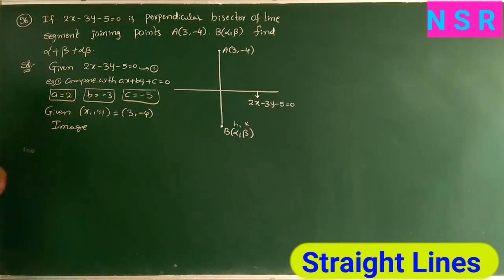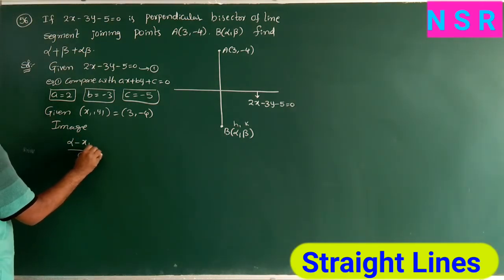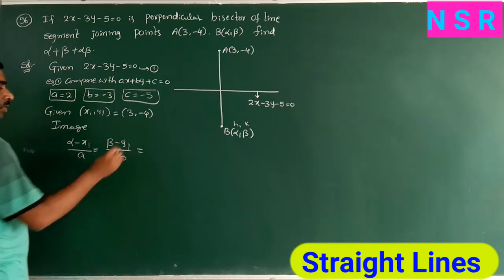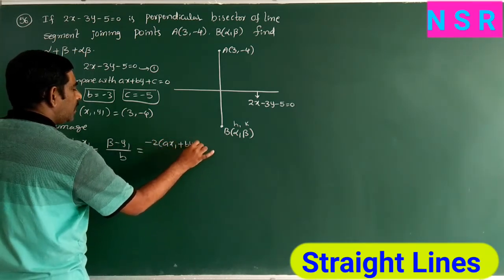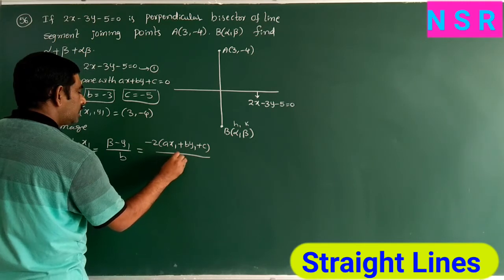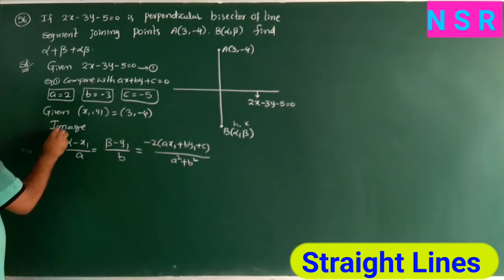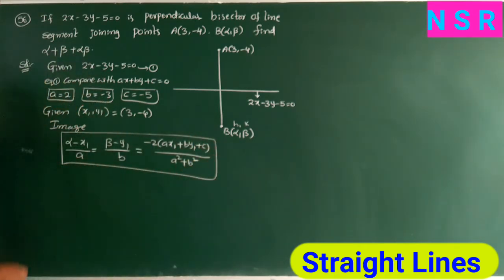So our image formula is h minus x1 by a, equal to k minus y1 by b, equal to minus 2 into ax1 plus by1 plus c by a square plus b square. In place of h comma k write alpha comma beta. Why? Because B, alpha comma beta, is the image of A with respect to the line 2x minus 3y minus 5 equal to 0.